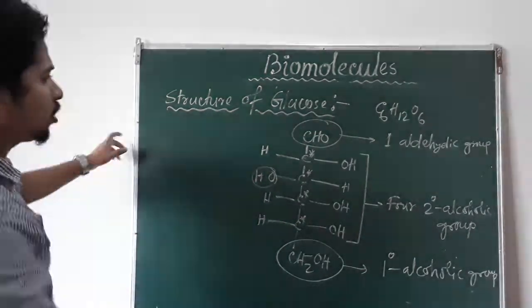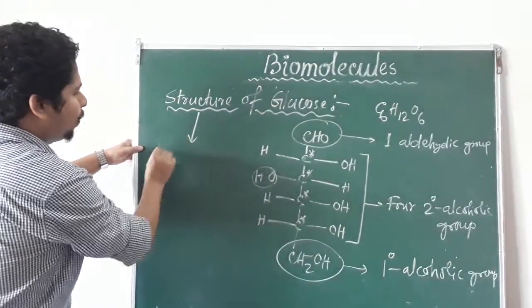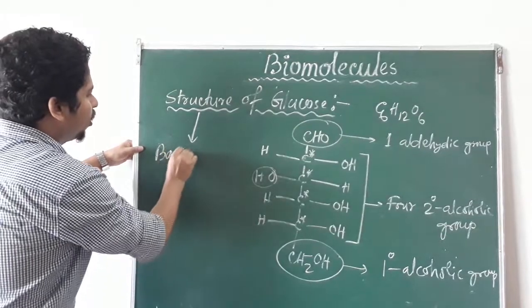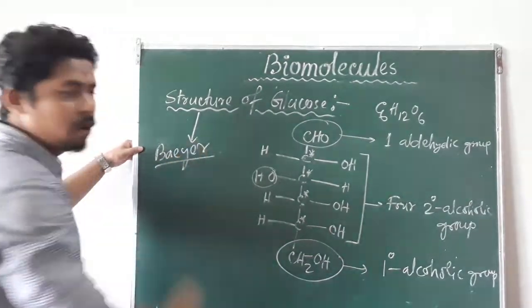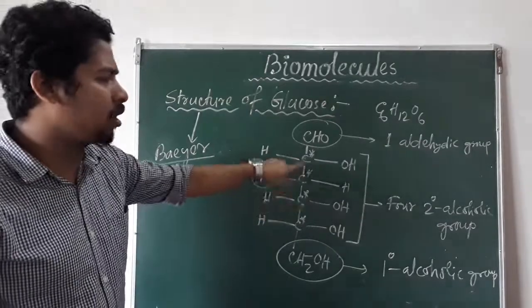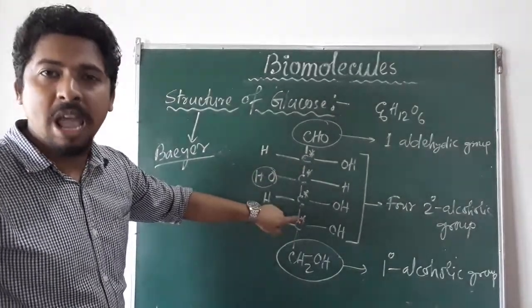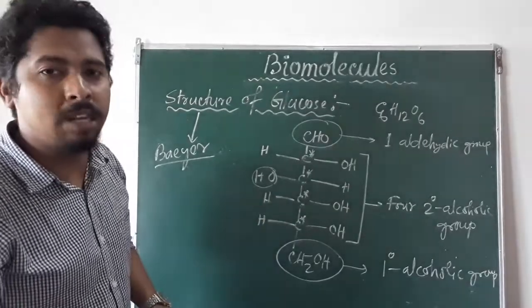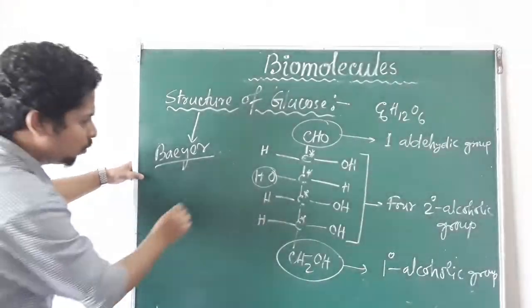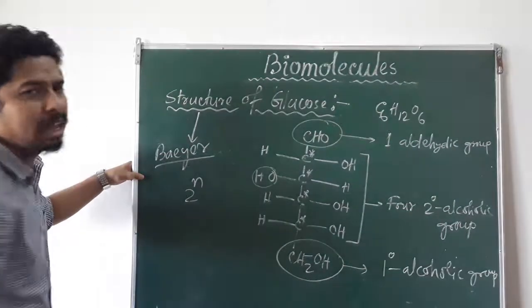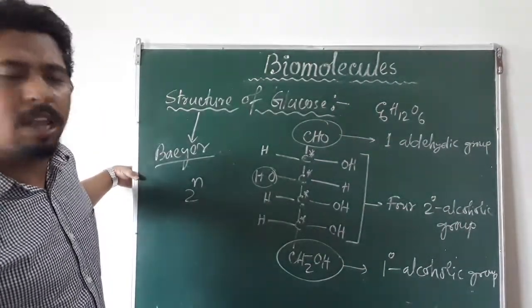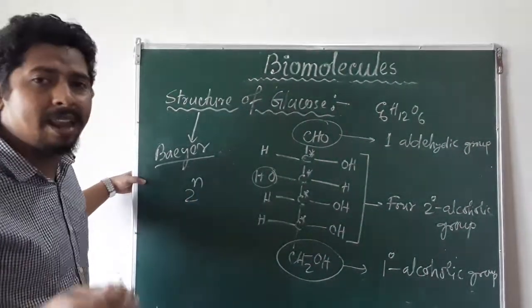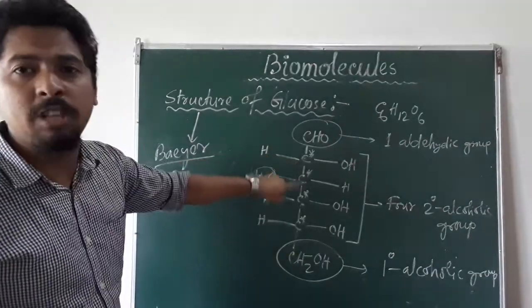This structure of glucose was proposed by Baeyer. And it contains 4 chiral carbon atoms, and if any molecule contains chiral carbon atoms, they are optically active. So this glucose molecule will form 2 to the power n optical isomers. What is n? This n is nothing but the number of chiral carbons.